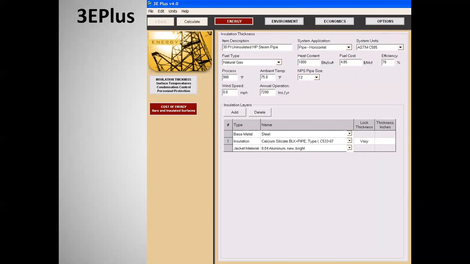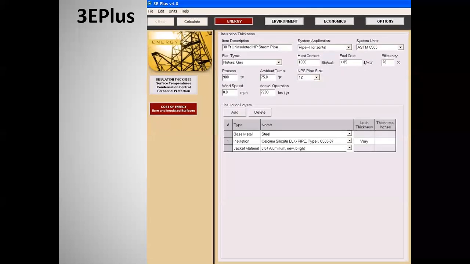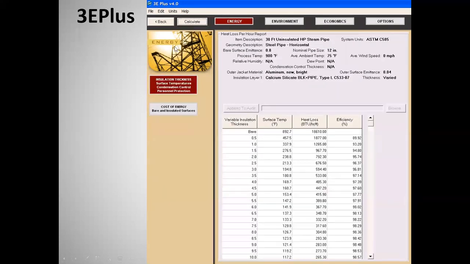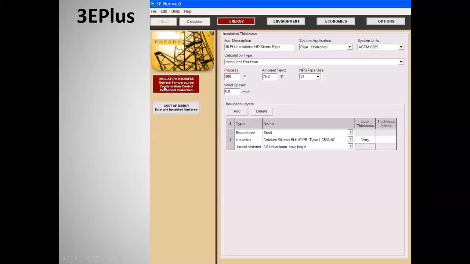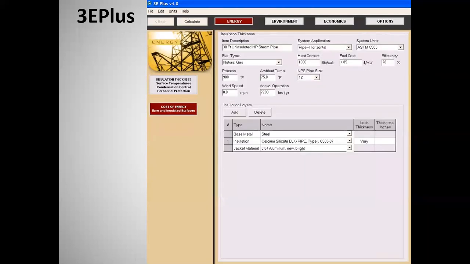Okay, so this first screen, this input screen, is if you're over here on this tab. If you put in cost of energy, you get slightly different inputs.